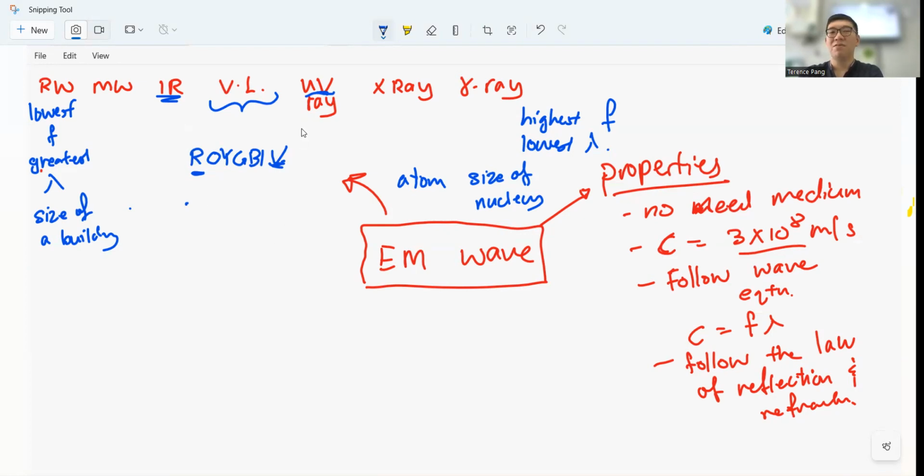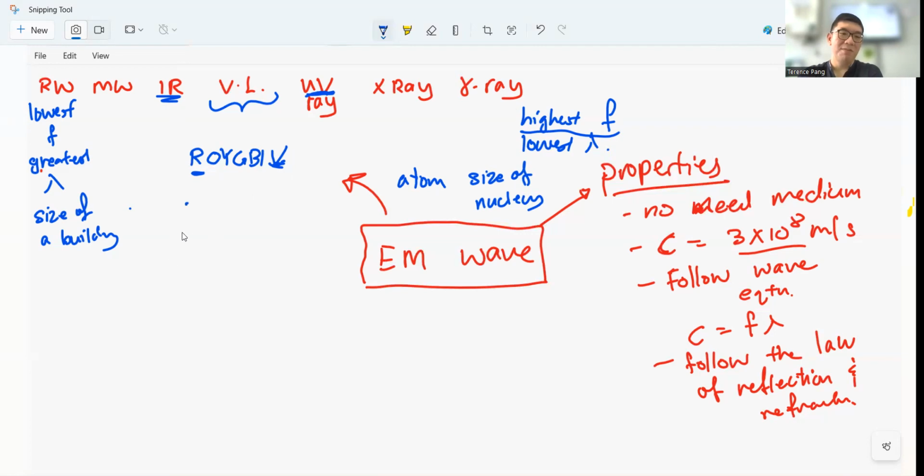So the word ultra means you're higher. The word infra means you're lower. All of this refers to the frequency. Ultraviolet means violet that is higher in frequency than the visible violet. Infrared means red that is lower in frequency than the visible red.